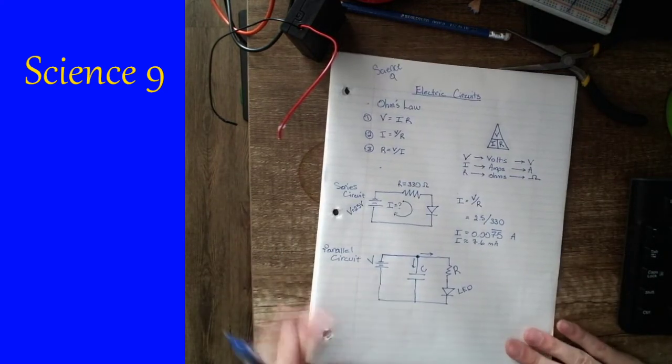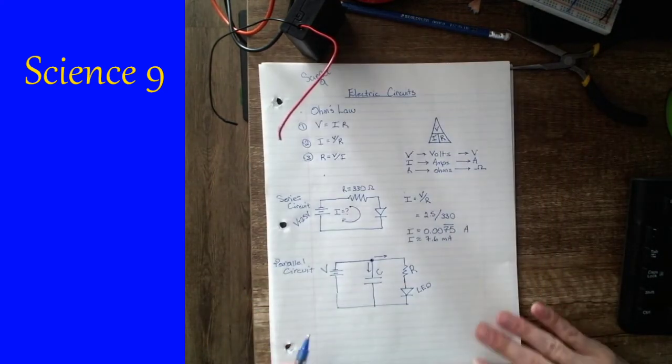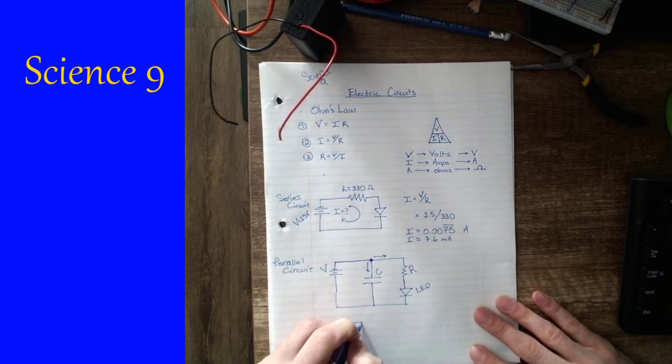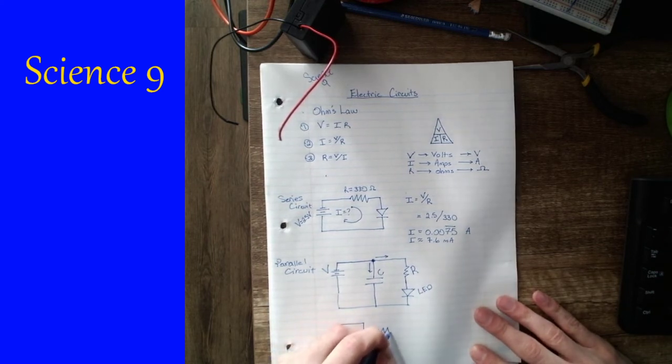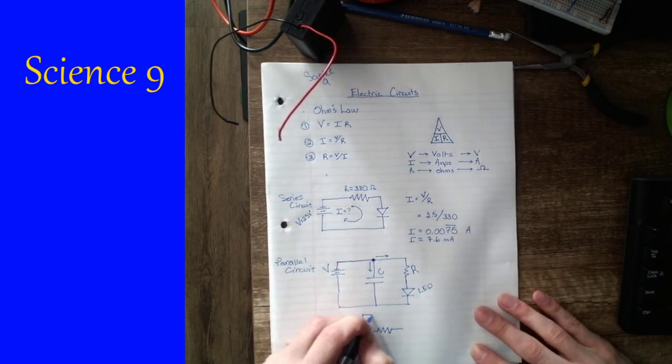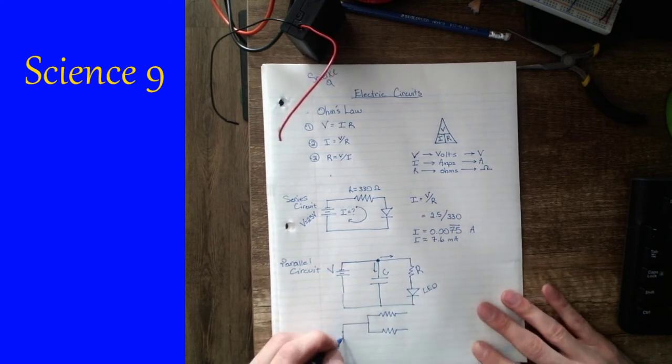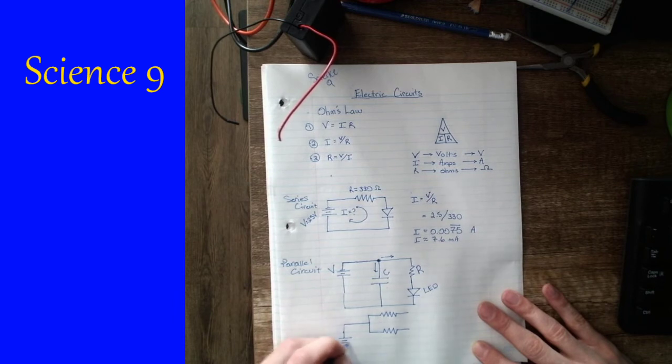This was one type of parallel circuit, and a different type of parallel circuit, just to highlight that there's lots of different ways to draw these, could be implemented as so.